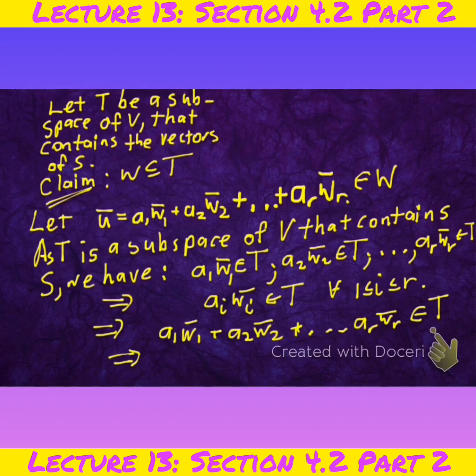What is that whole thing equal to? It's basically equal to U. So therefore, U is clearly within T, and that implies that W is contained in T. So any subspace that contains the vectors of S is definitely going to contain W as well.